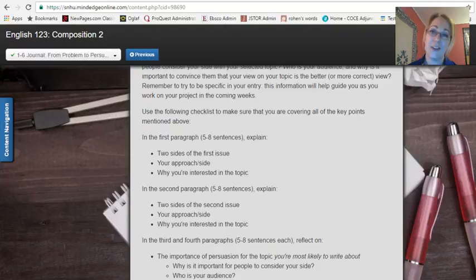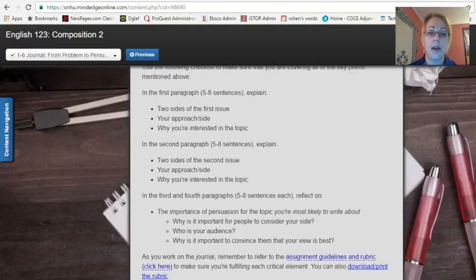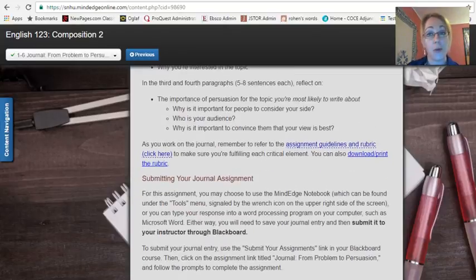And then here's a handy little checklist to make sure that we are doing everything that we need to be doing for this first assignment. In your first paragraph, 5 to 8 sentences, explain 2 sides of the first issue, your approach, and why you're interested in the topic. In your second paragraph, you're going to do the same thing for a second potential topic, okay? And then in the third and fourth paragraph, remember, our paragraphs need to be a minimum of 5 sentences, to about 8 sentences or so.